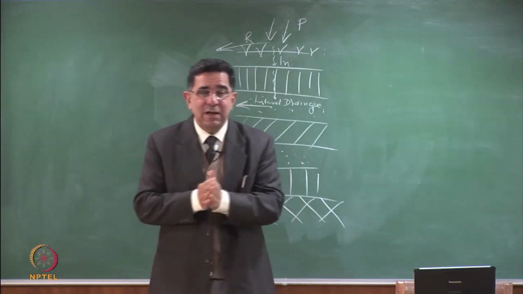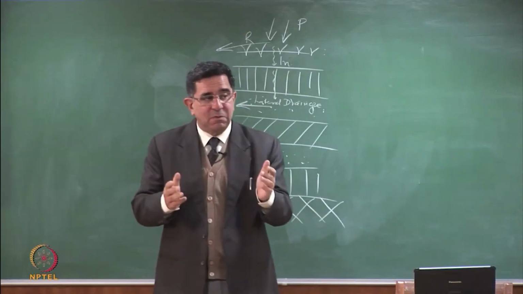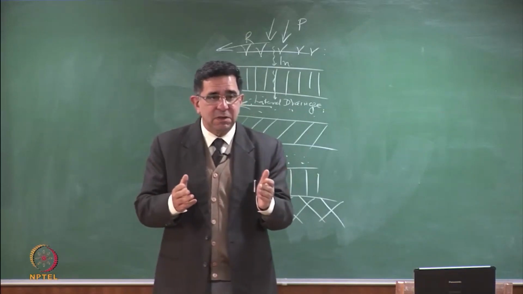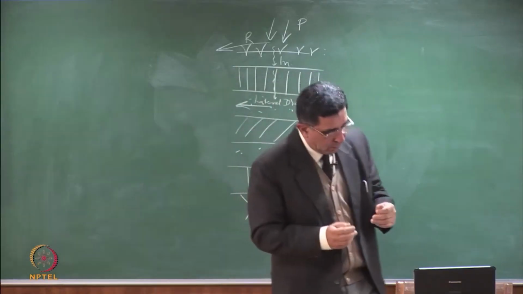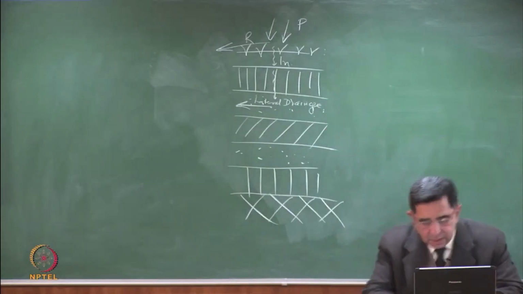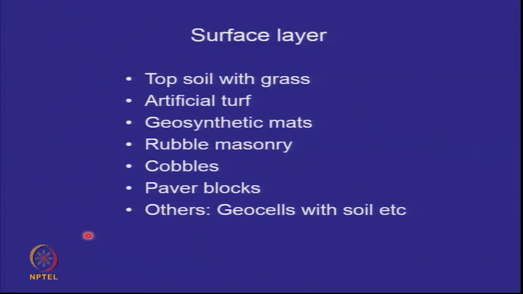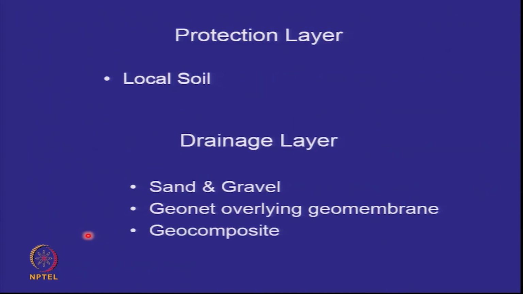But I talked about replacing some of these layers with man-made materials. So what I'm going to do is, let me see whether I can show you some of the materials.